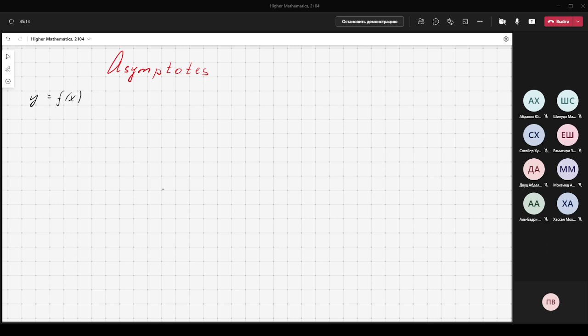An important special case is when the curve under study approaches a given line without limit as the variable point of the curve recedes to infinity.